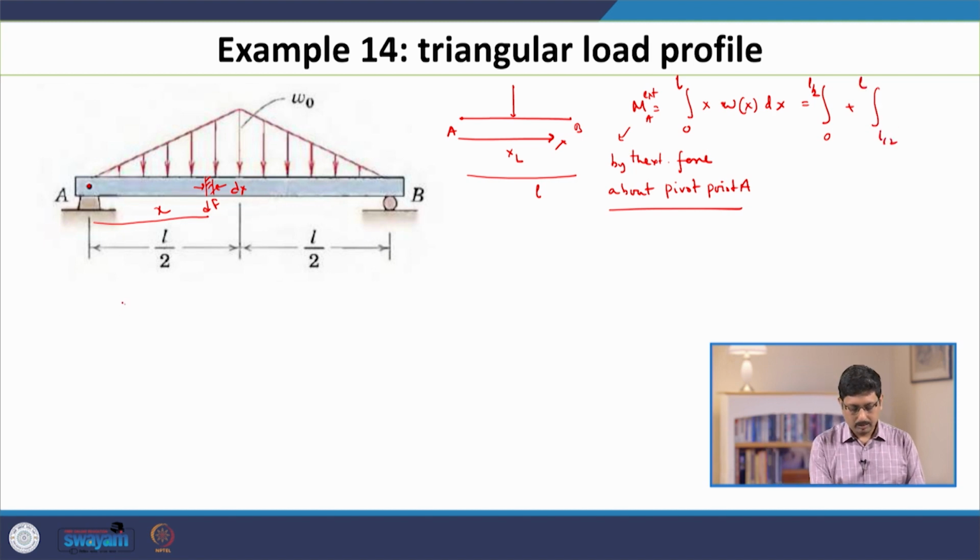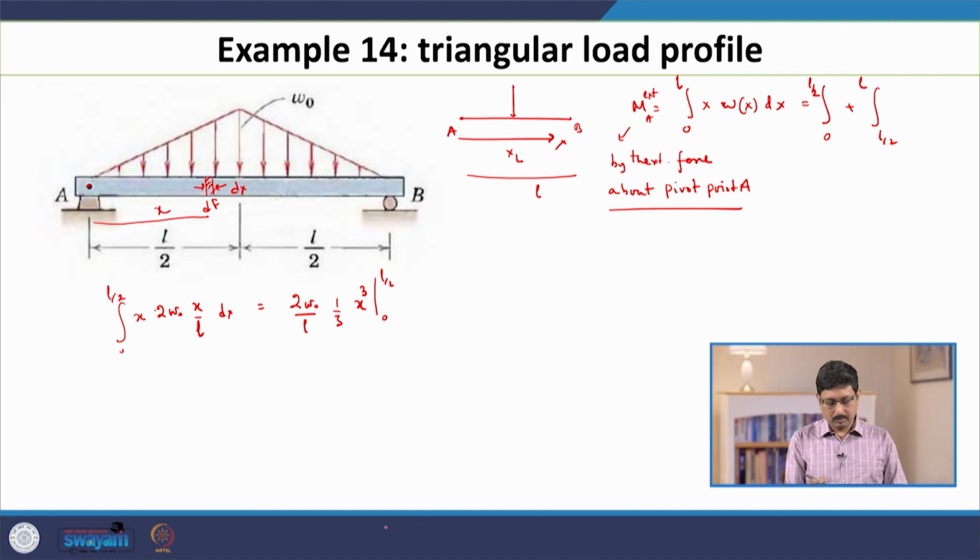So, the first part was 2 W naught x by L dx. So, this is equal to, you can take 2 W naught by L outside, we have x square dx. So, integration will give us x cube by 3 from 0 to L by 2. So, that will give us L cube by 8 times 3, so it is 1 by 24.